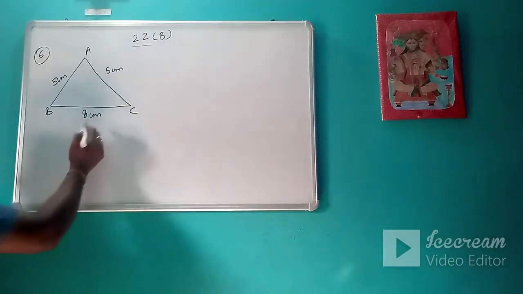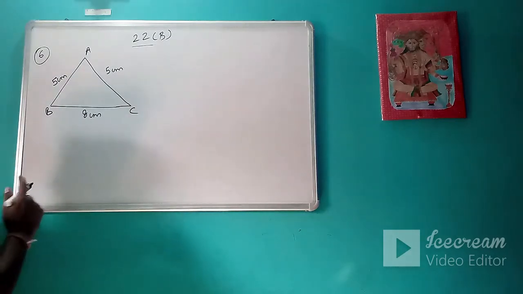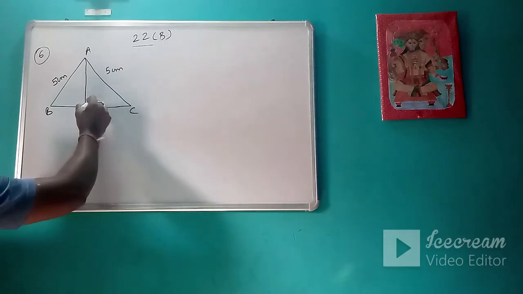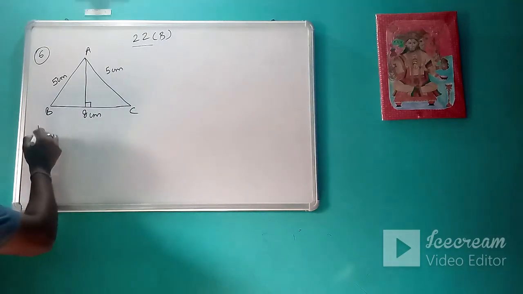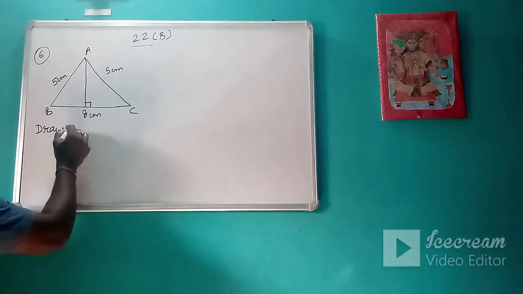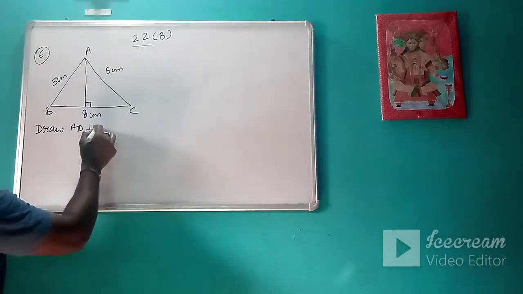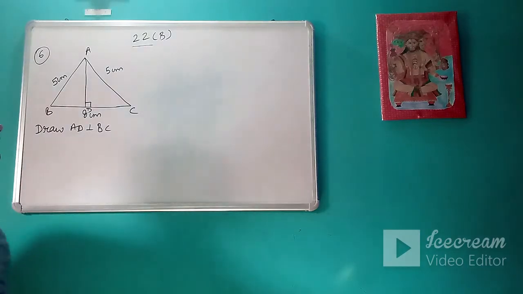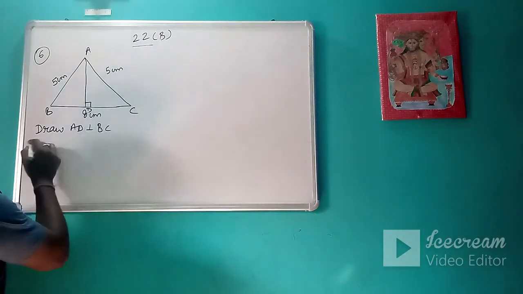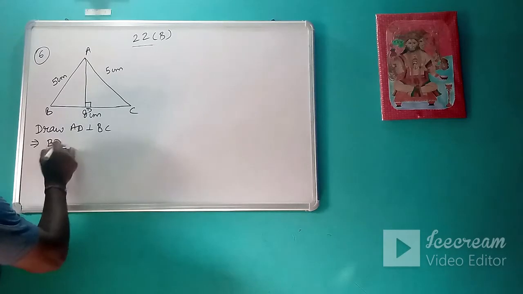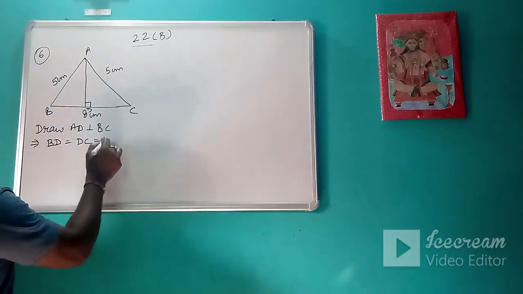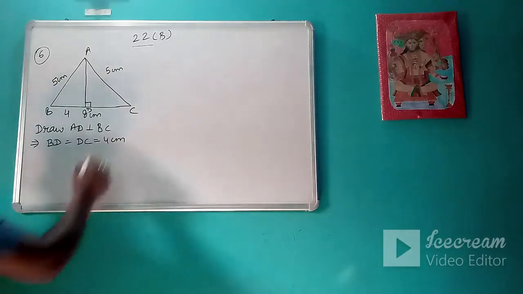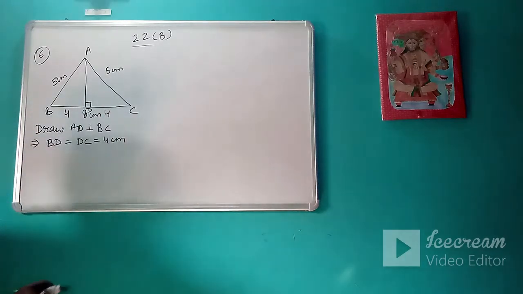In these types of questions, whenever an isosceles triangle is given, you will first drop the perpendicular from the vertex to the unequal side. There is a property of an isosceles triangle that this perpendicular is going to bisect the opposite side. That means BD is equal to DC is equal to 4 centimeter.